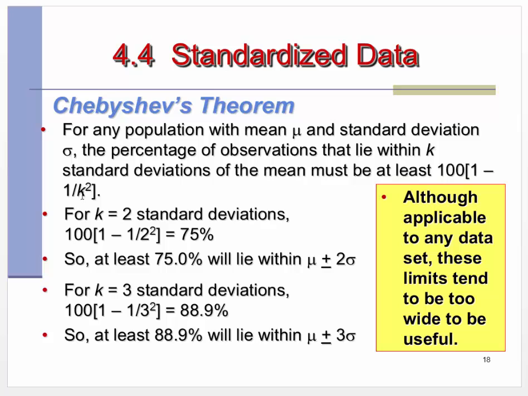Basically, if k equals 2, then 1 minus 1 over 2 squared, that's 1 minus 1/4, or 3/4, times 100 will give you 75%. Basically, this is saying that at least 75% of the observations will lie within 2 standard deviations of the mean. Okay? And then if k is 3, it's 88.9%, or roughly 90%, will lie within three standard deviations, right?